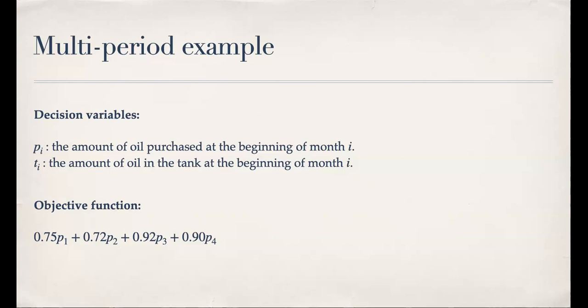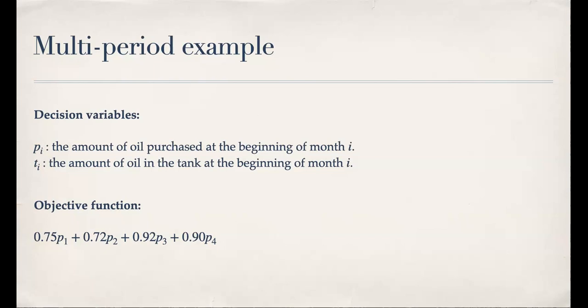We need some variable to store such a value. Okay, if you have problem with Ti, if you don't understand what Ti is, don't worry. I will explain it later. We will come back later. Okay, we go for the objective function first.